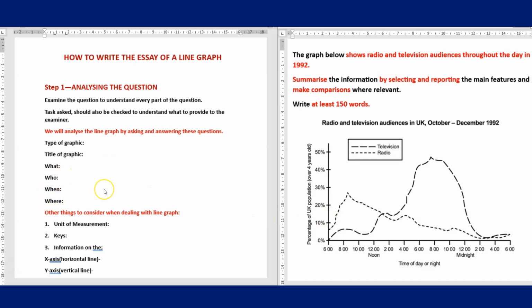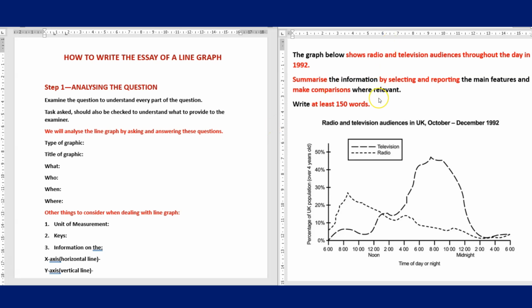And then where did they mention any kind of place? Yes, we can see here radio and television audience in the UK. Okay, so we can see the place here to be the UK. So this is what you do when you ask these kinds of questions. You'll be able to get a full idea.